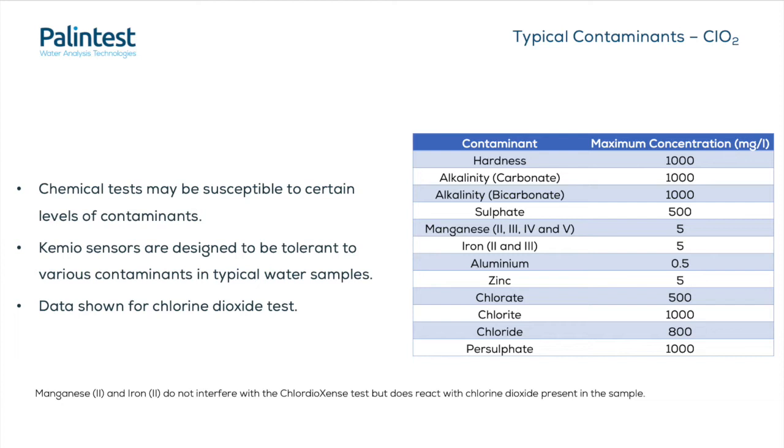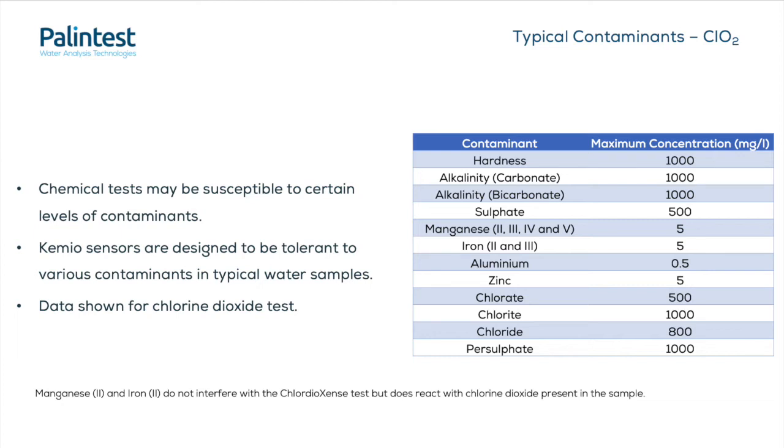So this is another specific example of a sensor we sell, which is for the measurement of chlorine dioxide. Our sensors are specially designed to be tolerant to various contaminants in a typical water matrix you might find yourself in. If you look at the table on the right, again, this is for our chlorine dioxide sensor. You can see the typical contaminant and what maximum concentration in milligrams per litre or parts per million you can withstand.